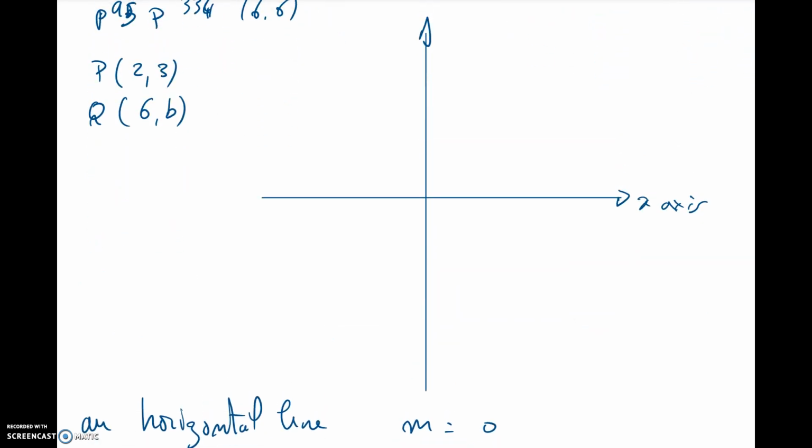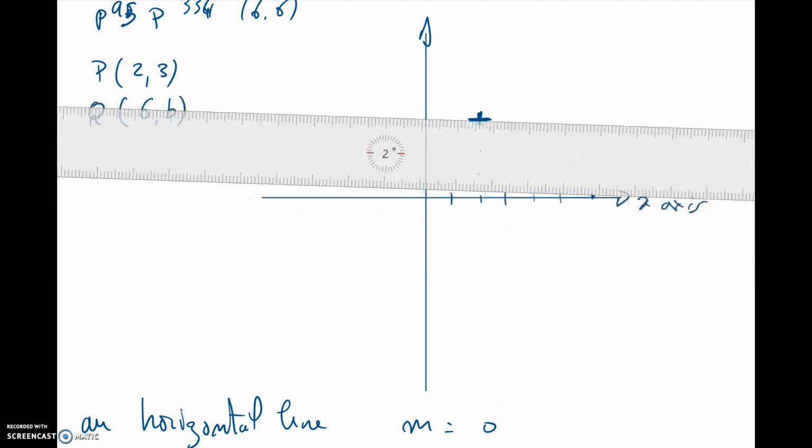My line is going through the point P, 2, 3, and through the point 6, b. But if my line is parallel to the x-axis, I know right away that it needs to go through this point.